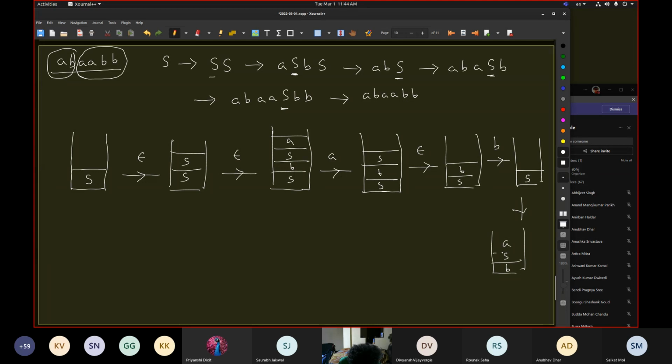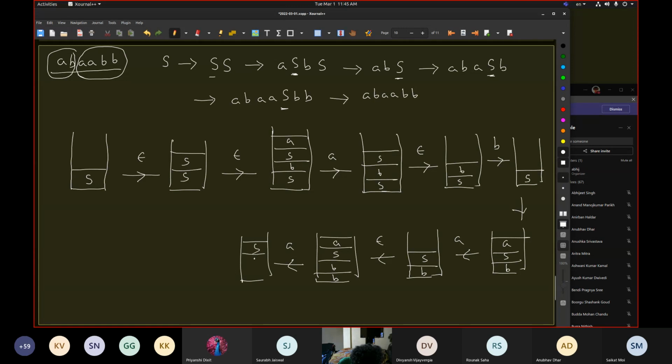ASB, consumes A, S, B, then S is again exposed. So once again, I have used ASB in the derivation. So this is an epsilon transition. The machine does exactly the same thing. A, S, B, B. Then A is consumed. The stack becomes S, B, B. Finally, I have taken S can be epsilon, so the machine can also do it.